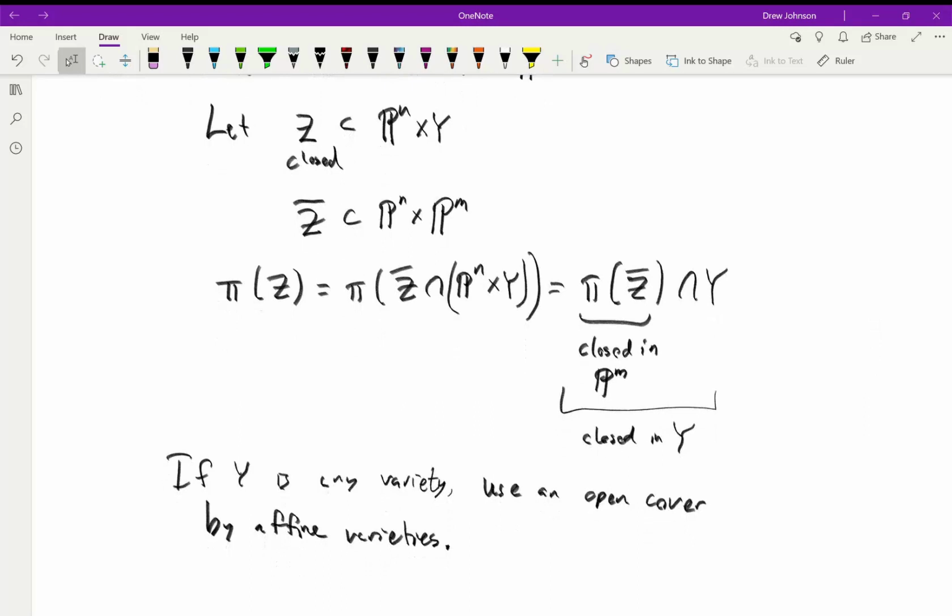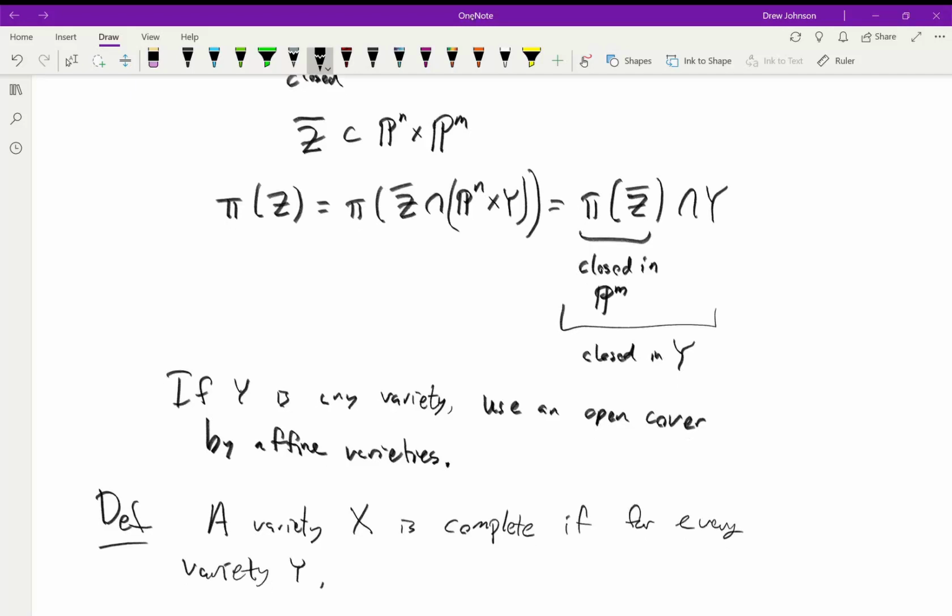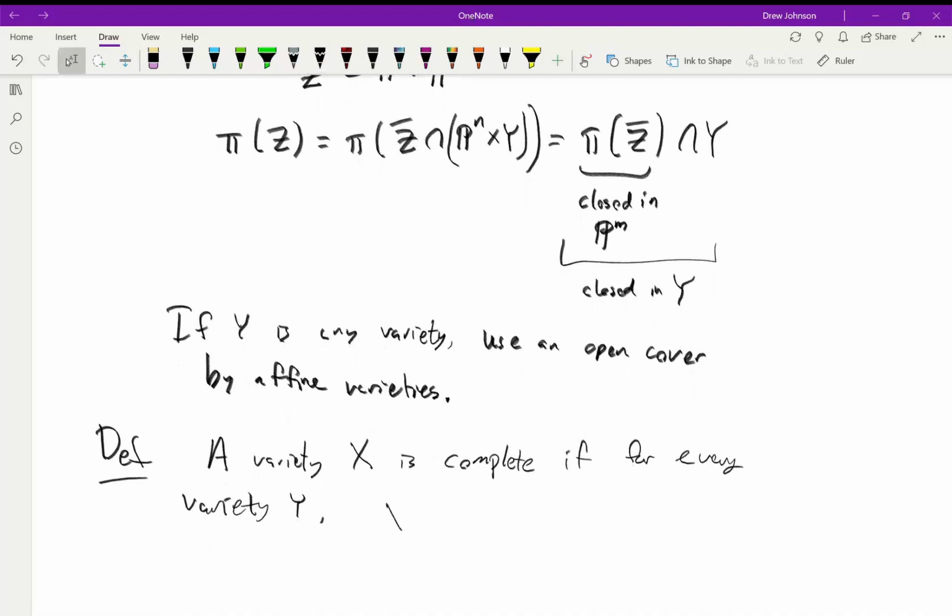All right, let's give a name to this property. So, definition of variety: X is complete if for every variety Y, X × Y mapping down to Y is a closed map.